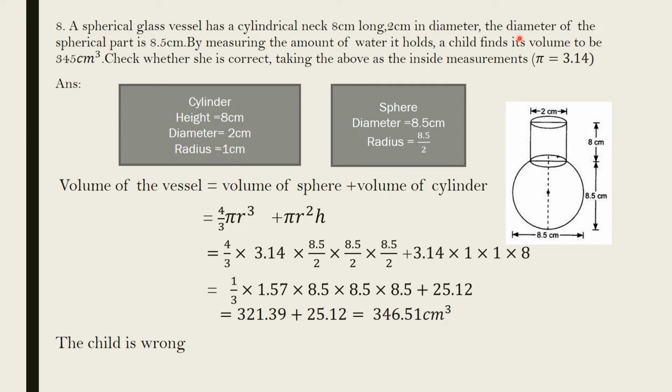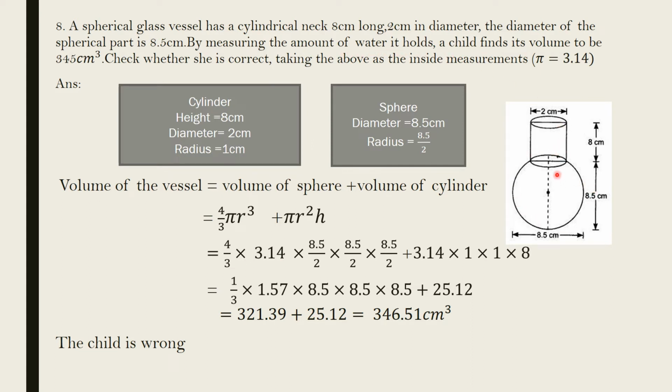For the sphere, the diameter is 8.5 cm and the radius is 8.5 by 2. To find the amount of water it holds, we should find the volume of the vessel.